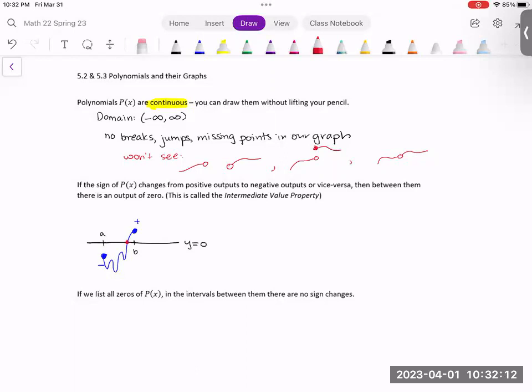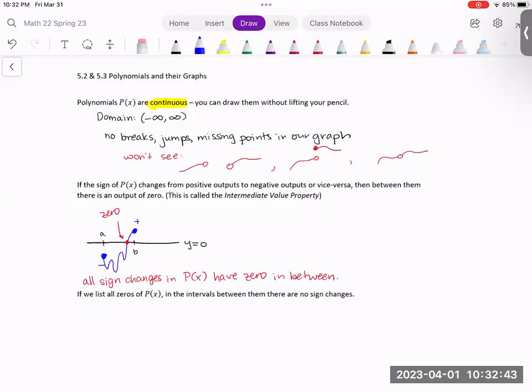And so there's going to be some point where we have a 0. So anytime we see a sign change, all sign changes in p of x produce zeros in between them. They may have many zeros.